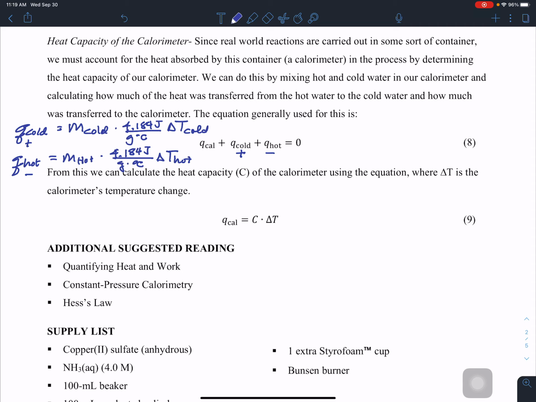And if the calorimeter was perfect, then Q hot would be equal to negative Q cold. But they're not going to be exactly the same due to this Q cal. So here we can calculate what Q cal, the heat absorbed by the calorimeter, is. And again, this is very simple math.